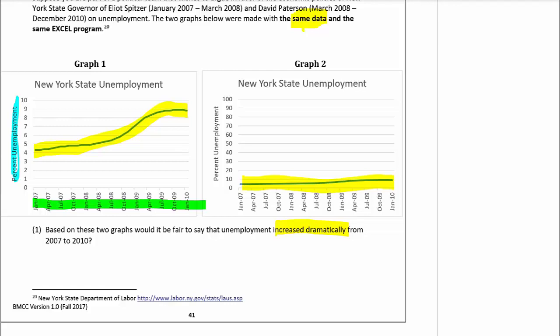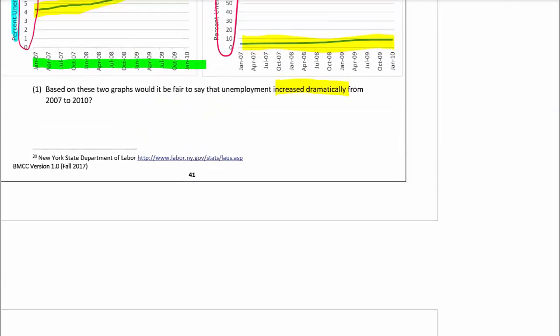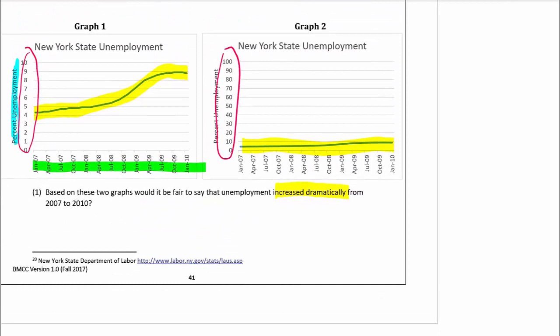And you probably noticed that the difference is the scale. Here the scale goes up by 1, while here the scale goes up by 10. So that's why they depict similar information: it's the same information, but the graphs are displayed absolutely differently because of the scale.